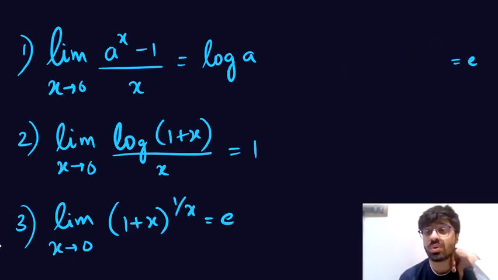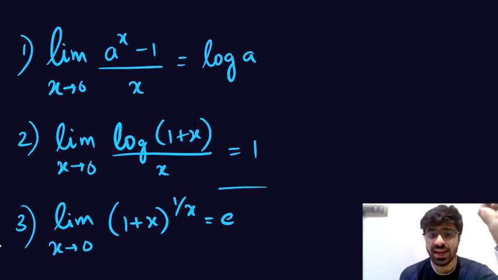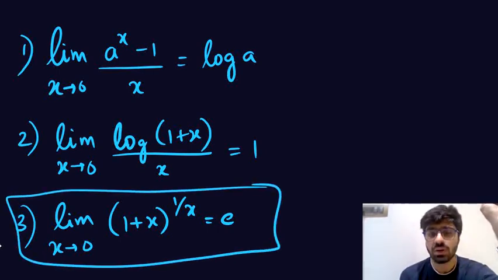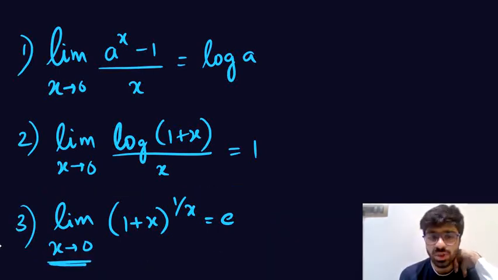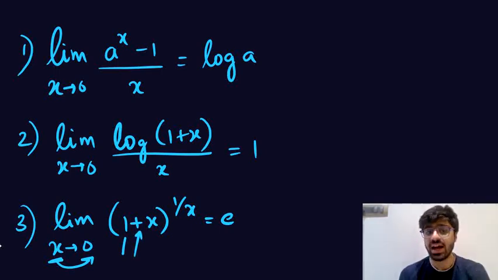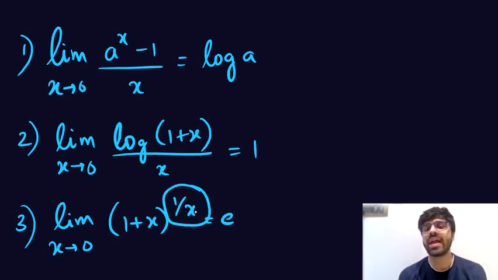Now when to use which particular result? Before that, just analyze the third result. The variable is x tending to 0. That variable x which tends to 0 has to come after 1. The first term has to be 1. In the middle you need a plus, and after 1 plus the variable has to appear. So the variable appears in the second position, and the power of the full bracket should be the reciprocal of your variable.